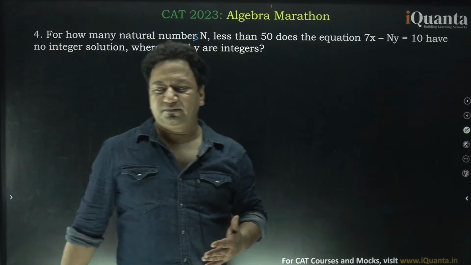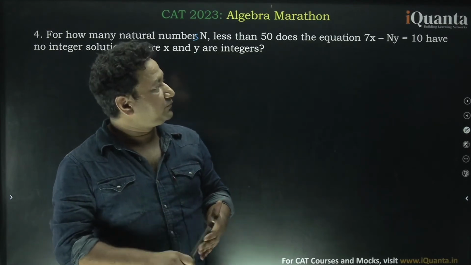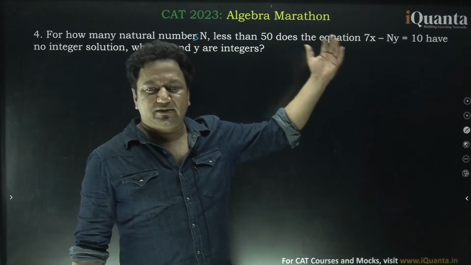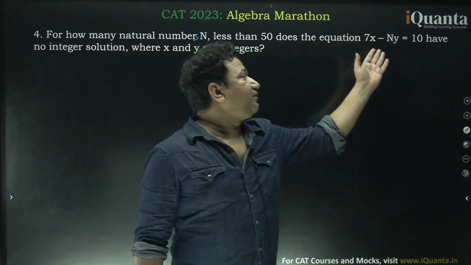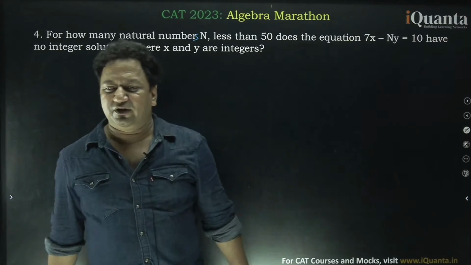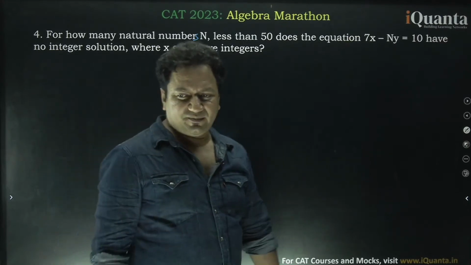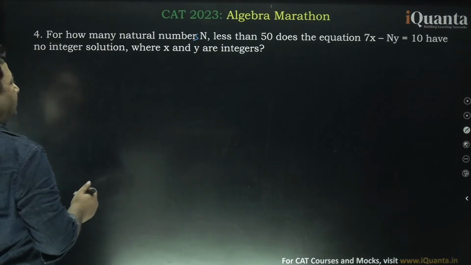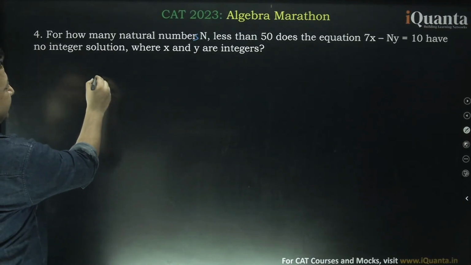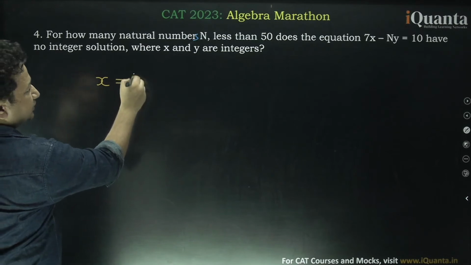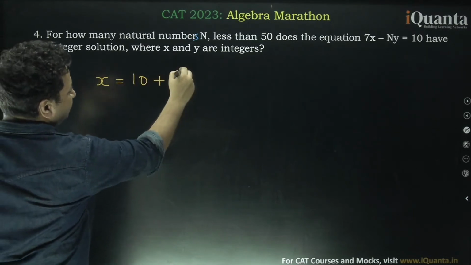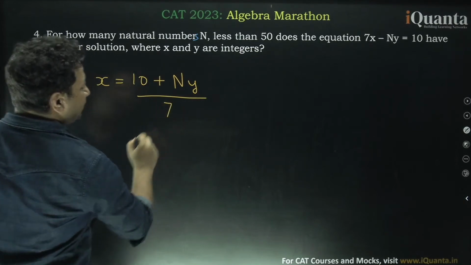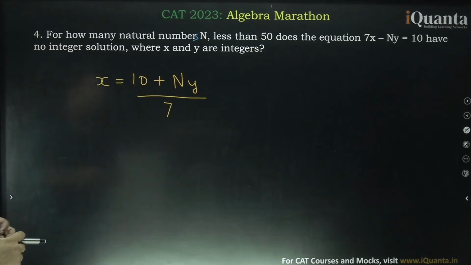That x will be increasing or decreasing by the coefficient of y, and simultaneously the value of y will be decreasing or increasing by the coefficient of x. I hope you remember that. And there I told you how to find the values. I can write x is equal to 10 plus ny upon what? Upon 7, isn't it?